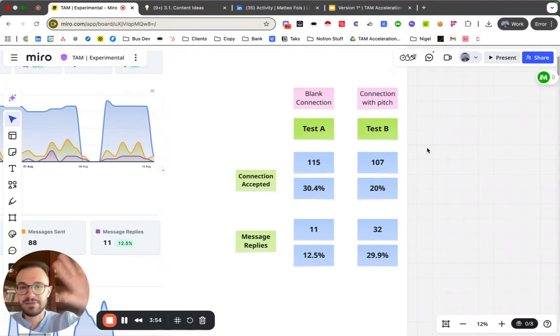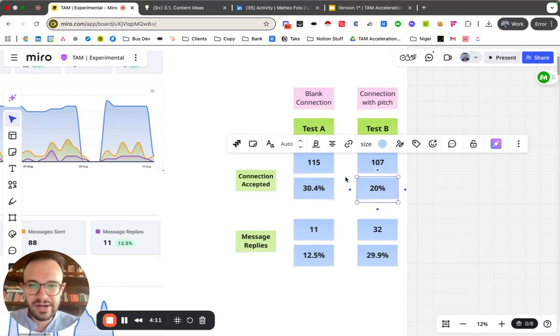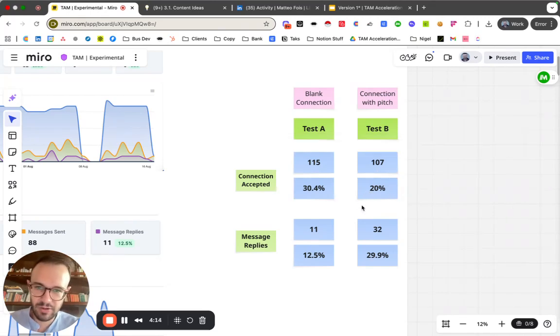The other thing is test B. In test B, instead, we had the connection request directly with the pitch. So a connection request with a short message where we mentioned what our goal was, what our offer was. Well, as expected, as everyone usually says, the connections accepted were fewer. It was like 20% connections accepted, way less than in test A with the blank.